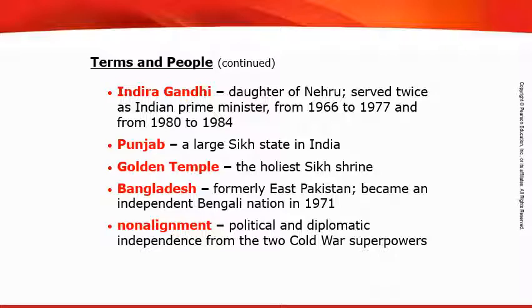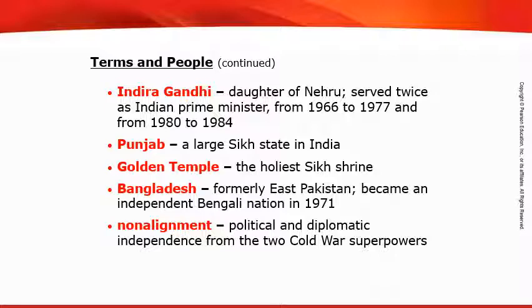They are bordering Pakistan. The Golden Temple is the holiest shrine of the Sikh religion. It is in Punjab, located in Amritsar. This is just like Haram in Makkah is holiest to Muslims, the Golden Temple is holiest to the Sikhs.